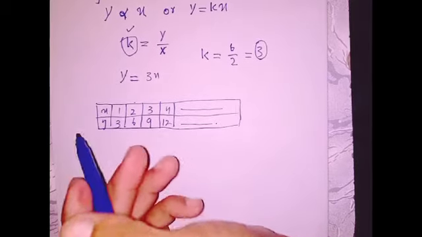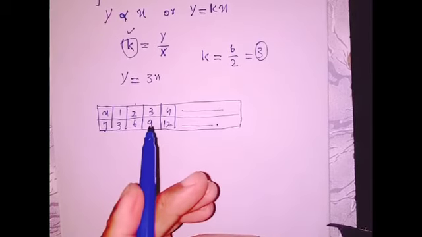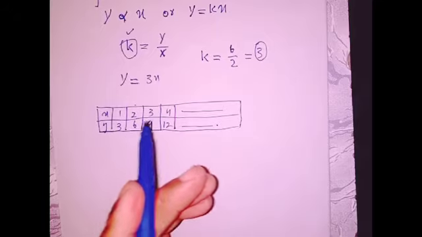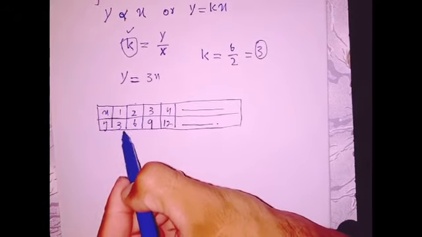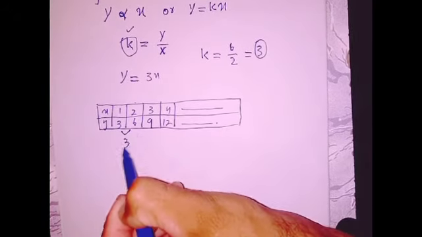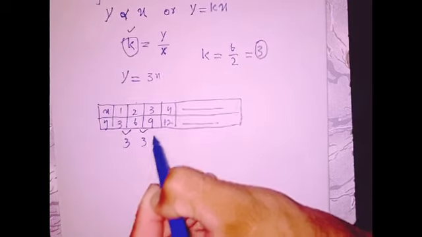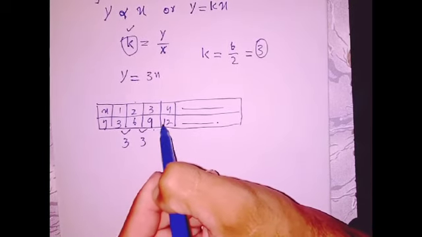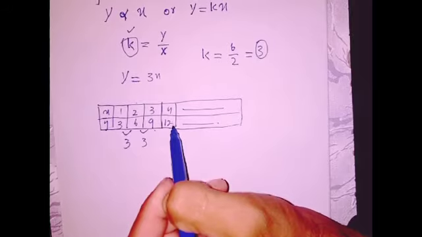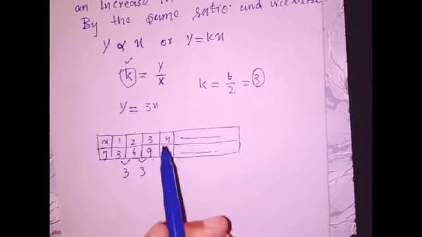So the changing ratio is constant, because it is 3 here and 3 here as well. That's why we call it a direct variation.